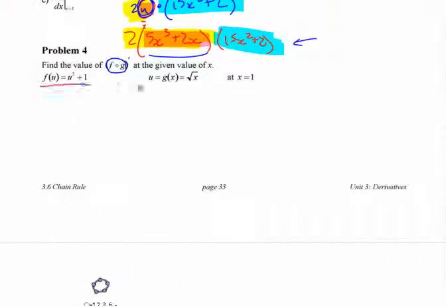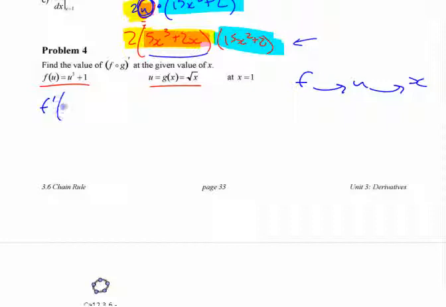If you're given two functions here separately like that, and you want the derivative of that combination, that composition of functions, you have f compared to u and u compared to x.